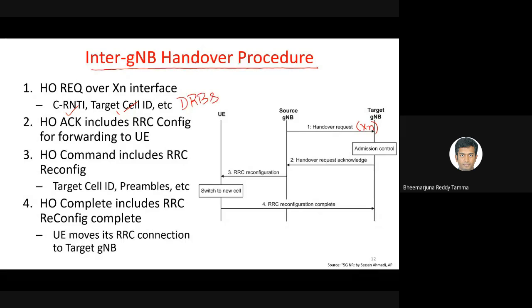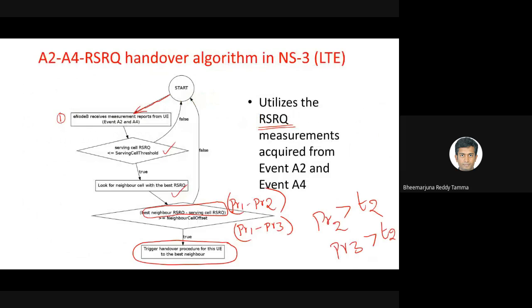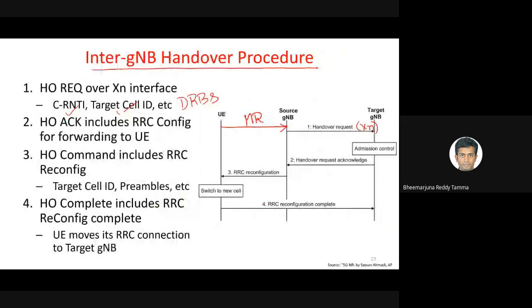Try to understand why I'm saying we have to provide this information to the target node B. See what is happening here: you already got a measurement report. After the measurement report, you have certain logic running at the gNodeB, like for example something like this, and the gNodeB has decided to trigger the handover procedure.